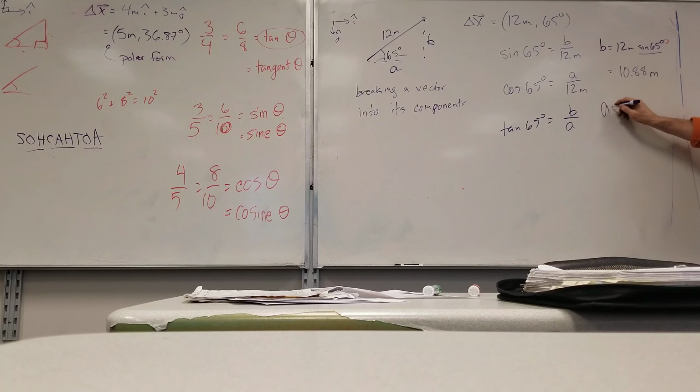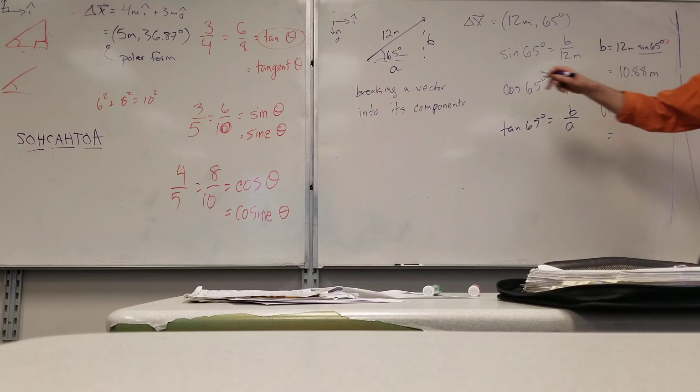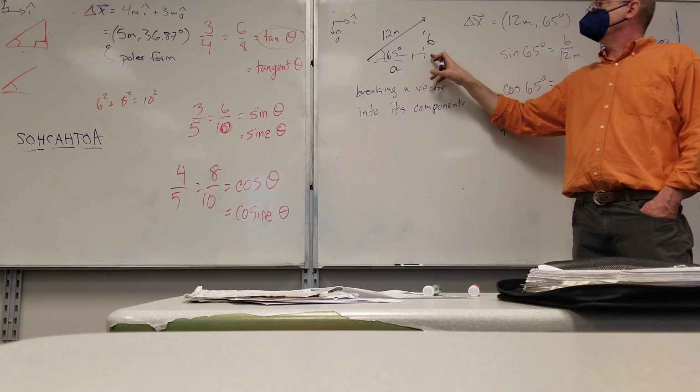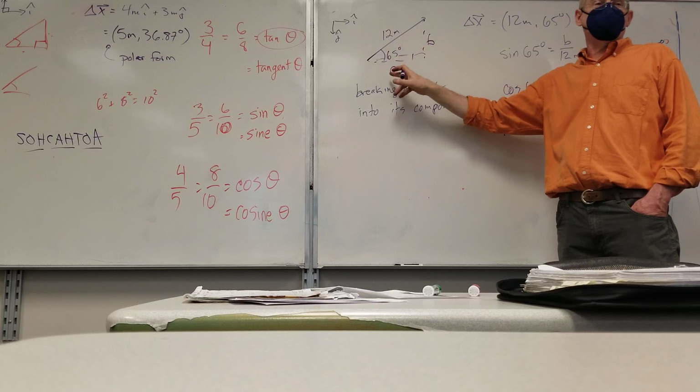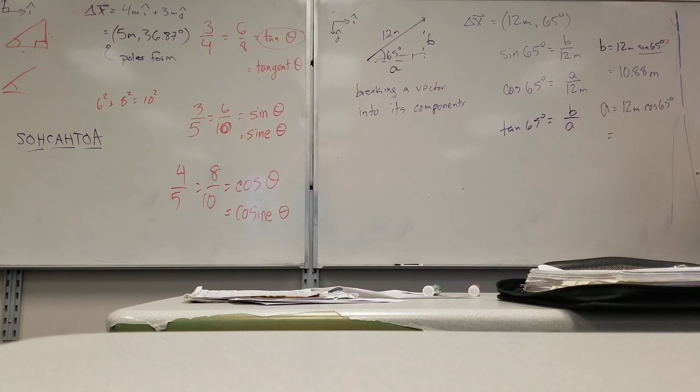And then A would be 12 meters times the cosine of 65 degrees. If you want to keep doing trig. Of course, at that point, it's a right triangle here. Once you have that side and the hypotenuse, you can also use the Pythagorean theorem. So this should be something less than 6, so somewhere around 5.1. It is 5.1?